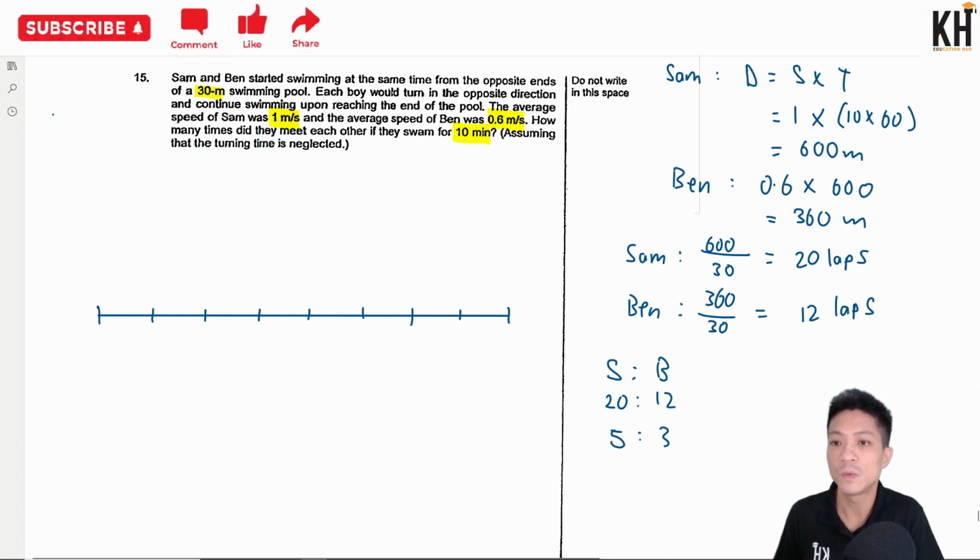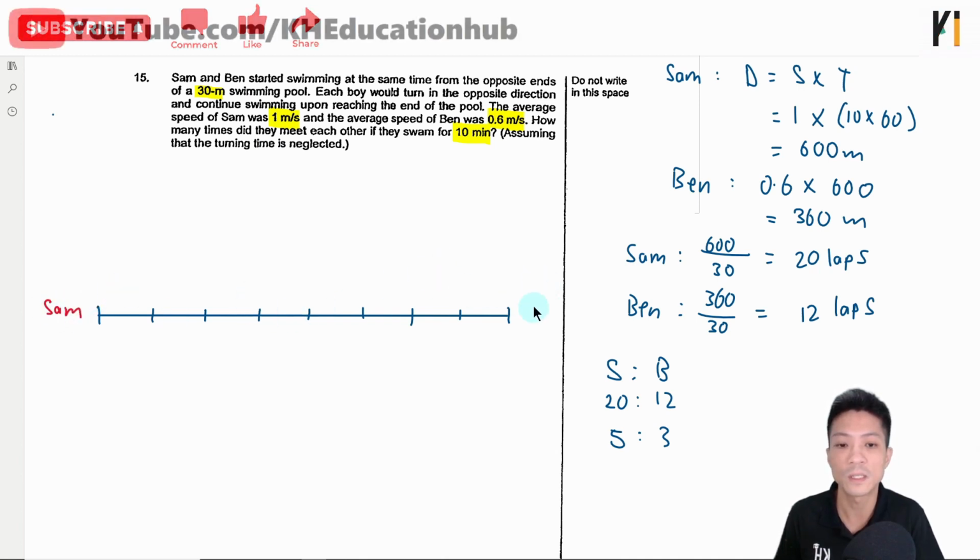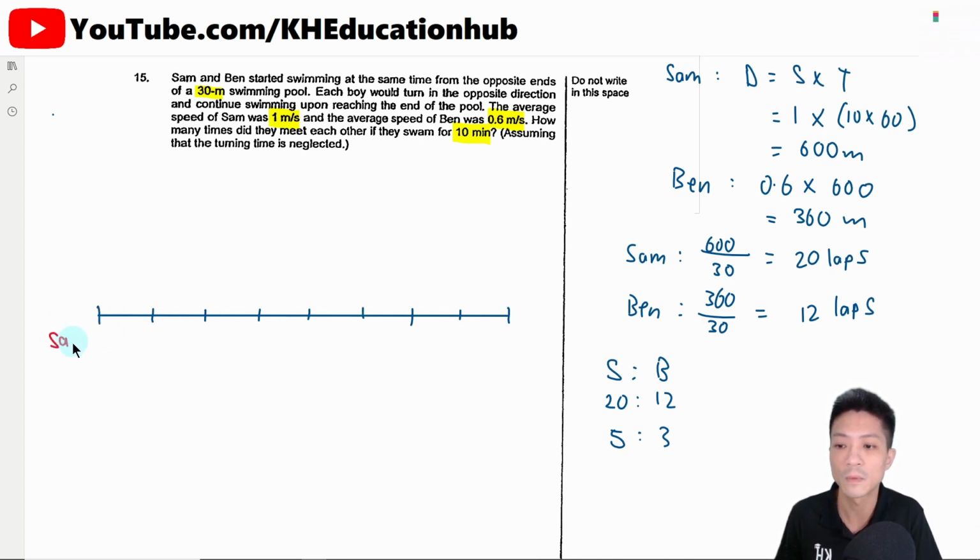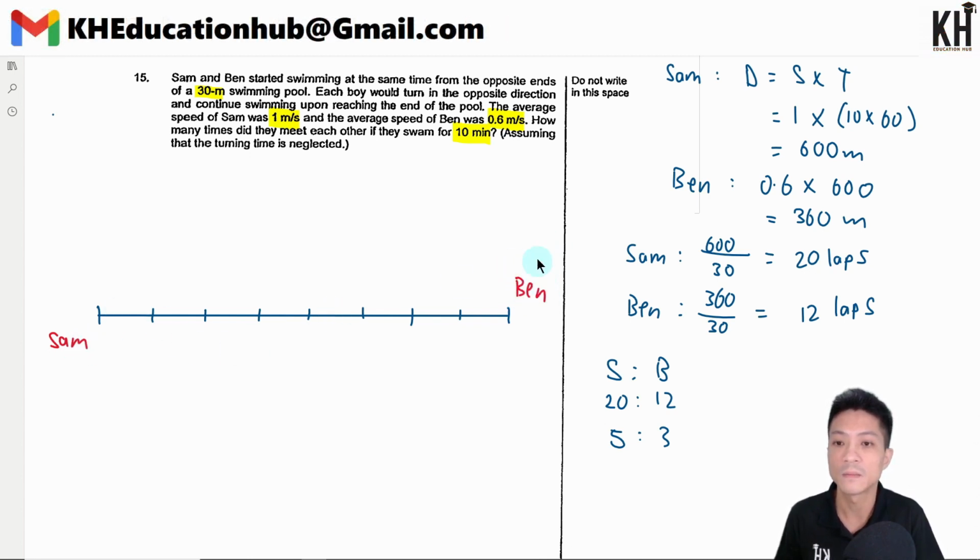Then this will be the starting point for Sam. And this will be the starting point for Ben. I'm going to draw Sam below. This will be the starting point for Ben.